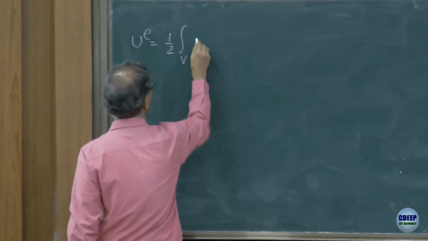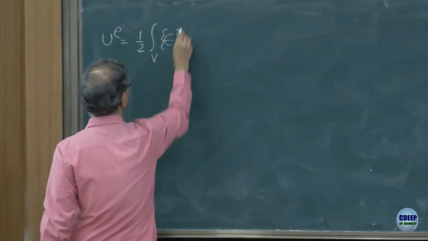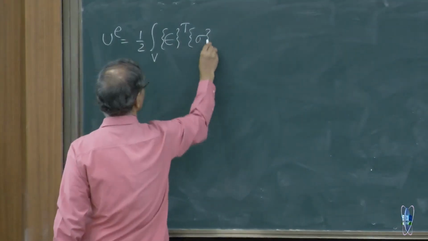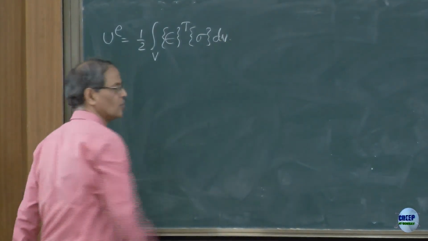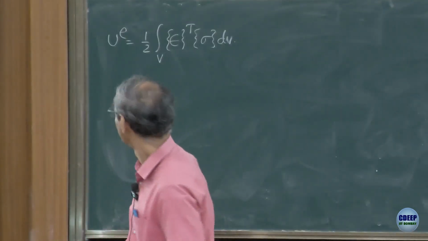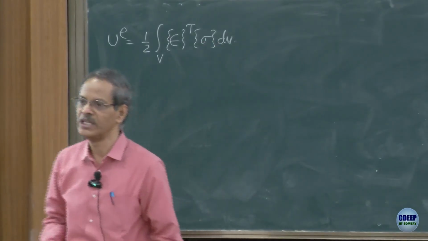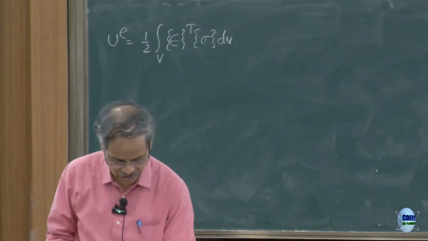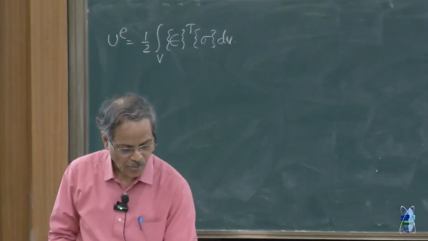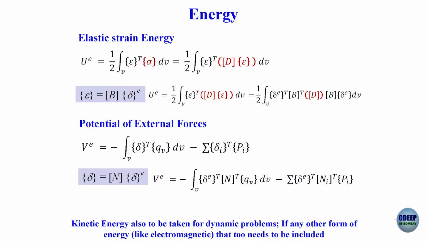Integral over the volume of the element, and then the sigma was given in terms of the strains. So, D into epsilon we put. Then we put epsilon in the form of nodal displacement.